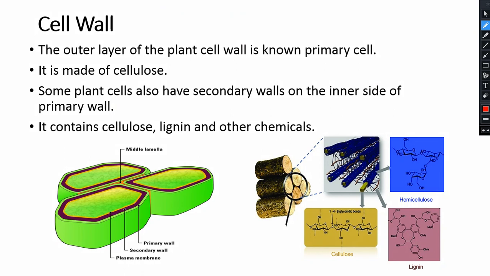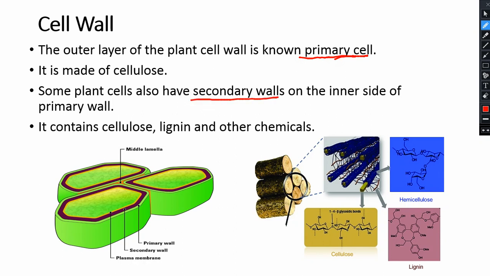So the cell wall thickness varies with the type of cell, and also with the condition. Because when the plant is in the young stage, there is only a primary cell wall, but when it grows up, it also builds up a secondary wall.